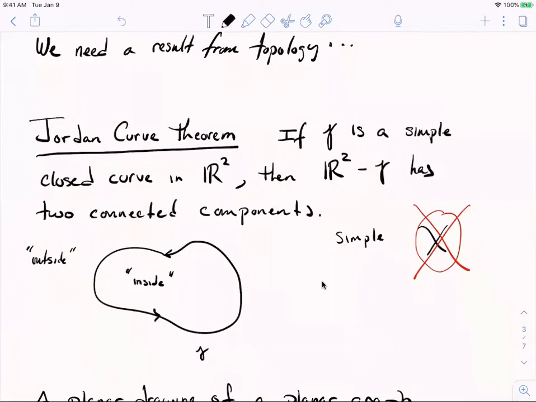I'm going to draw stuff over here. So simple means no crossings. Closed means that the initial and terminal points are the same.